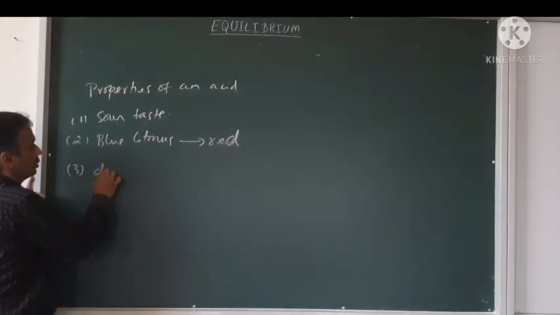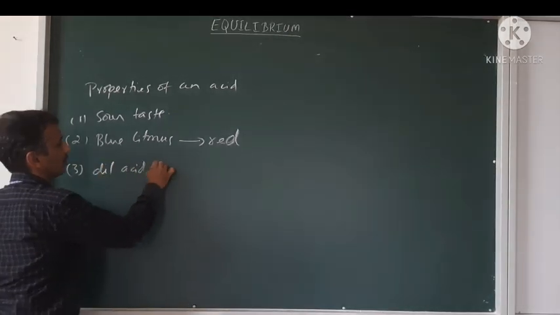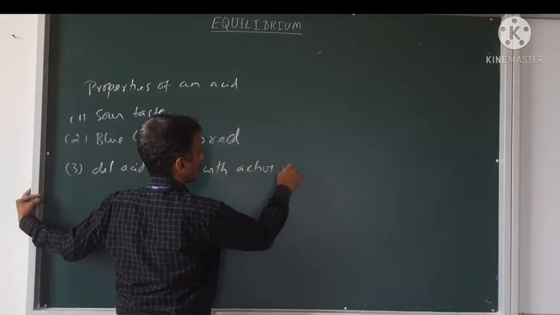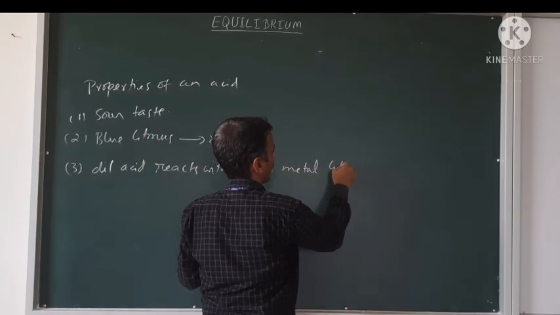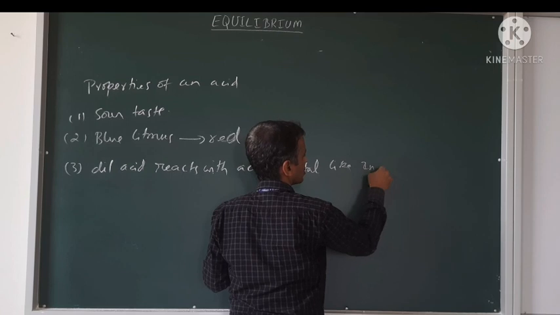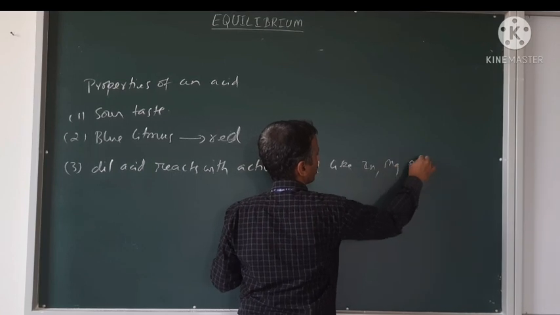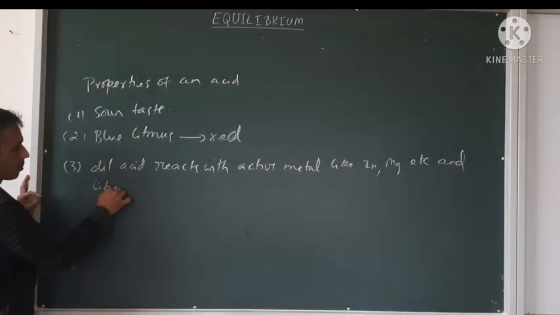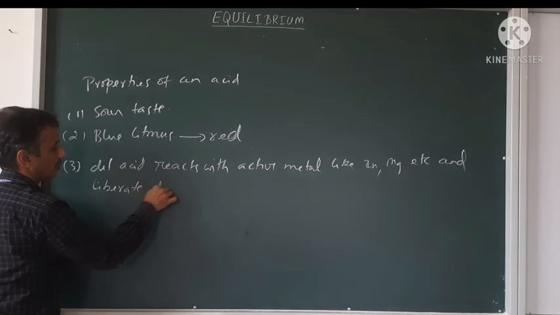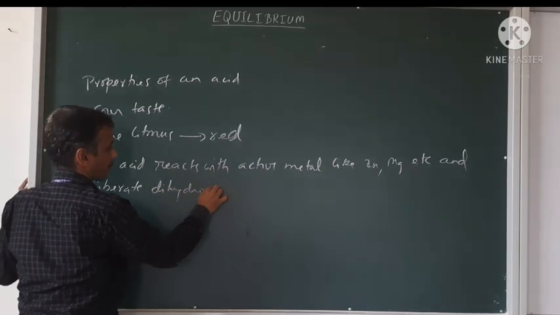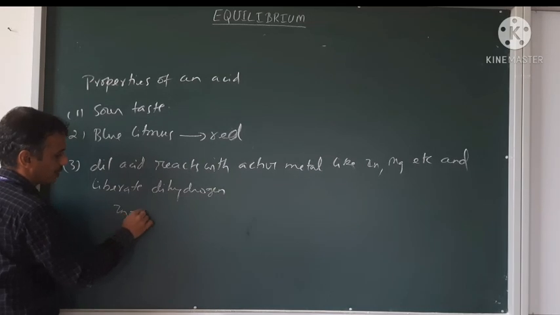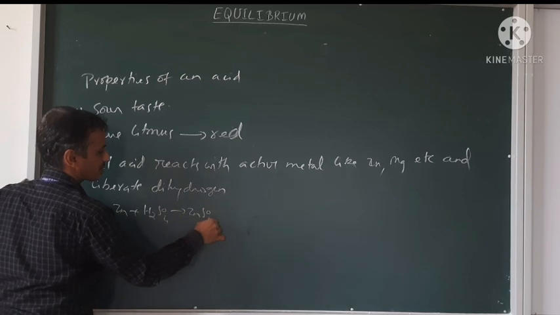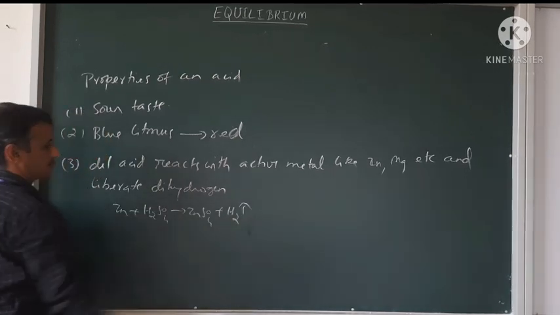Third one, dilute acid reacts with active metals like zinc, magnesium, etc., and liberates dihydrogen. Example, as already mentioned, zinc plus sulfuric acid gives zinc sulfate plus dihydrogen gas.